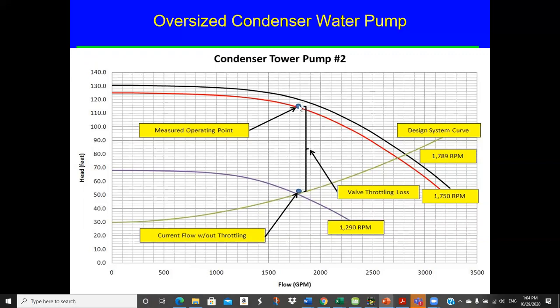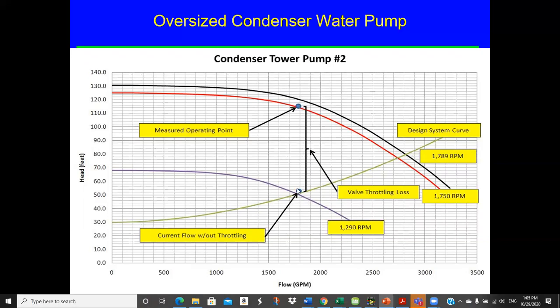We're going to have the same flow either way, but instead of generating this head up here, which is, I don't know, 115 or whatever, we're going to operate down here, which is 55 or whatever. So that difference in head represents the energy savings that are available by going to variable speed.